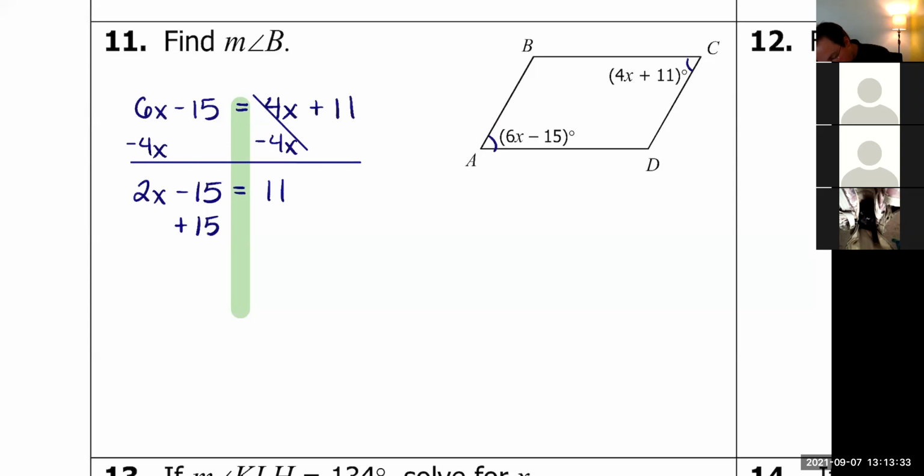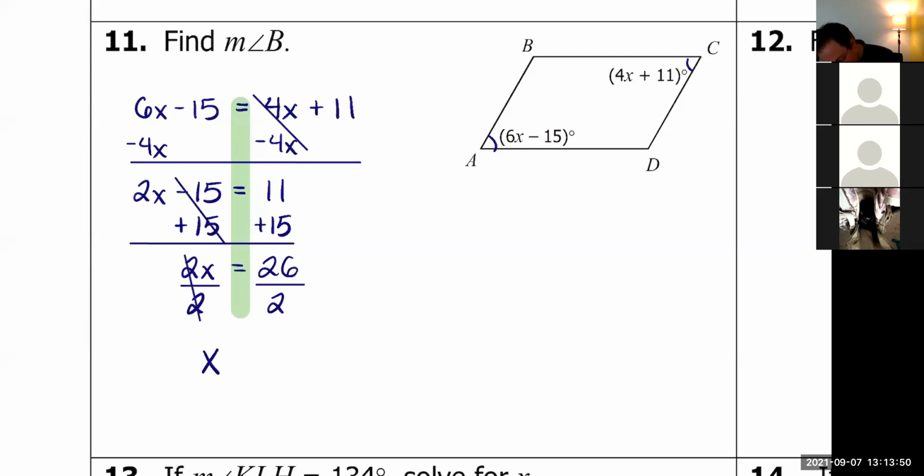Add 15 to both sides. Gives me 2x equals 26. Divide both sides by 2. We get x equals 13.